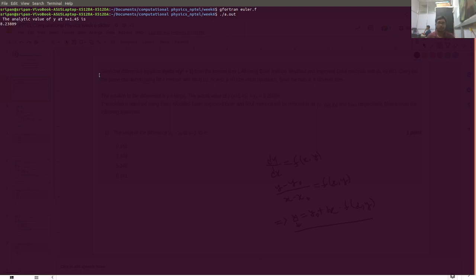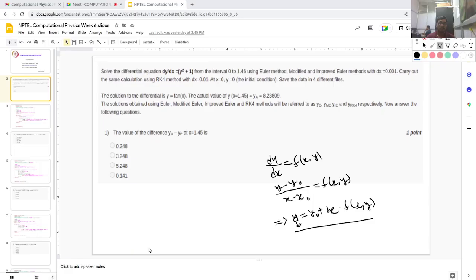Okay, so here you see we have the value of ya minus ye, which is 0.1418. Now let us move on to the options, and this is 0.141. So this will be the correct answer for this question.